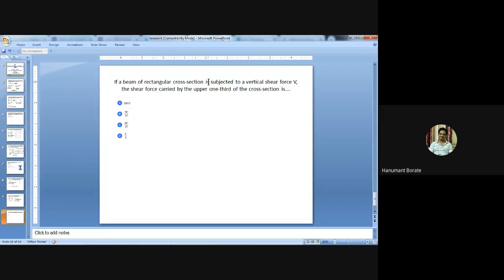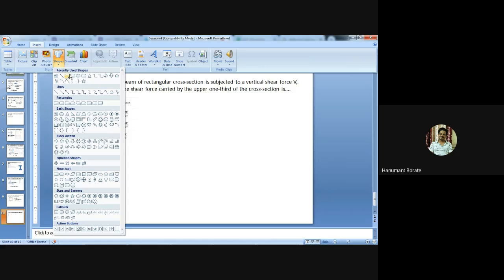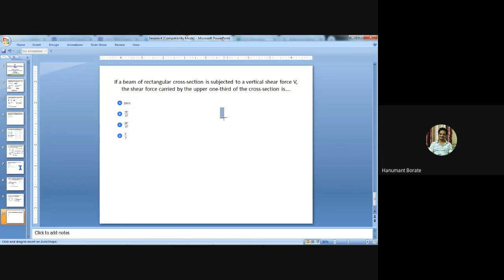If a beam of rectangular cross section is subject to vertical shear force V, here the value of shear force is given in terms of V. The shear force carried by the upper 1/3 of the cross section is, means one third of the cross section.